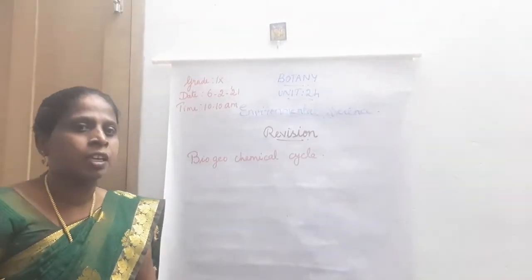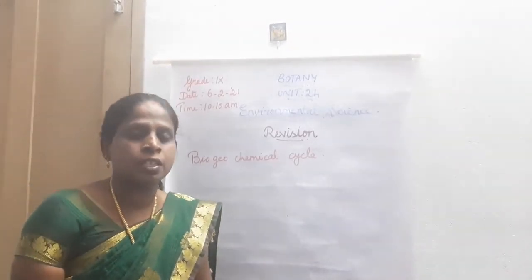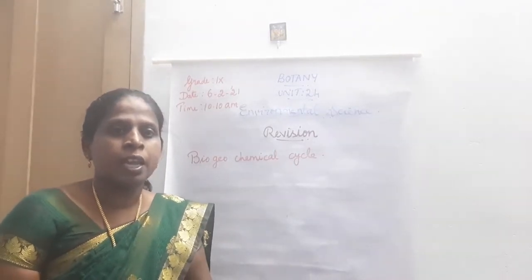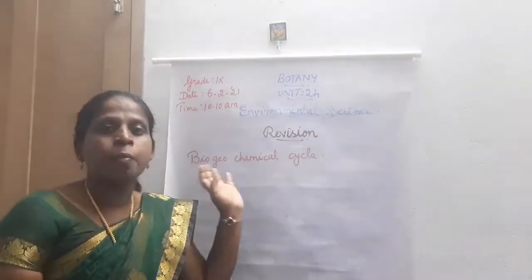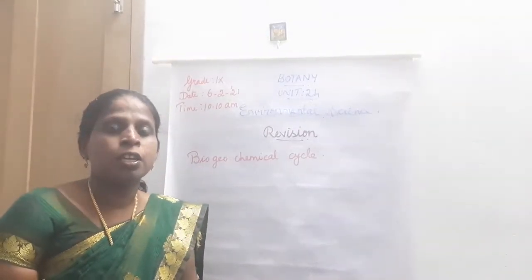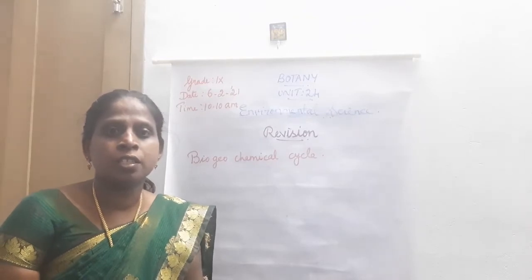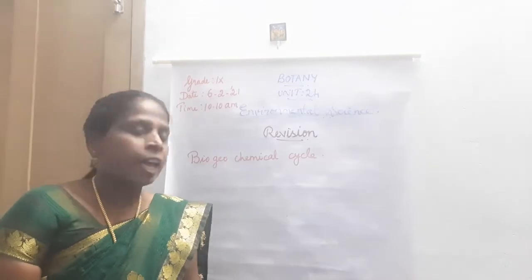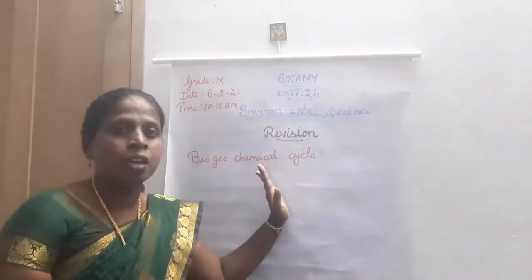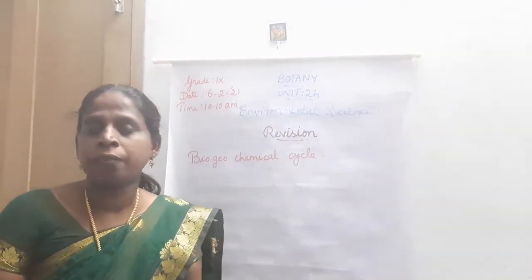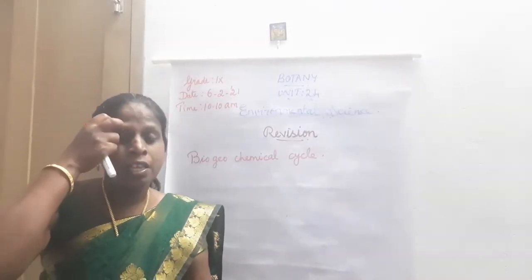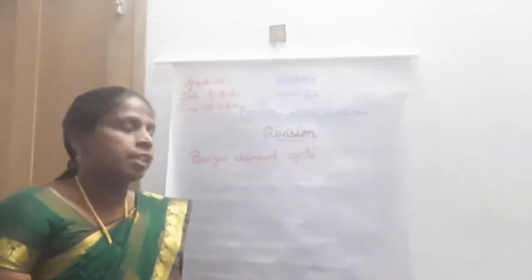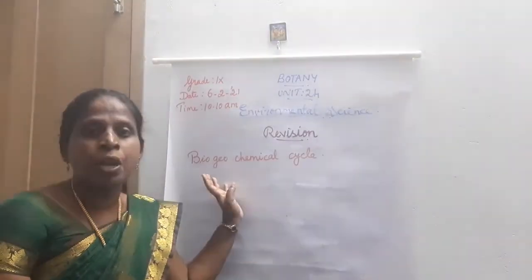Biotic factors include all the living things such as plants, animals, microorganisms, etc. And abiotic factors include the non-living things such as sand, soil, book, etc. So all the non-living things come under abiotic factors. Non-living things such as soil, air, temperature, water, sunlight, energy, these come under abiotic factors.